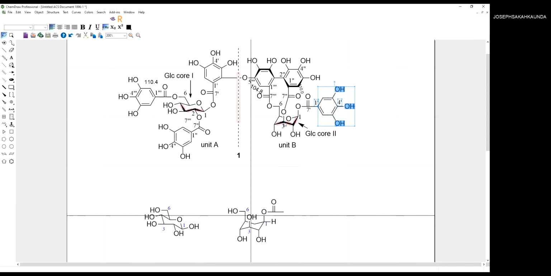Again, this proton will lead you to this guy. And when you get this guy, then you start looking for this proton from this guy. So which are the protons correlated to this? You get the protons there, and then this proton will lead you to these other carbon signals. But remember, this one you have a single proton, only one proton. You may not see a correlation with this.